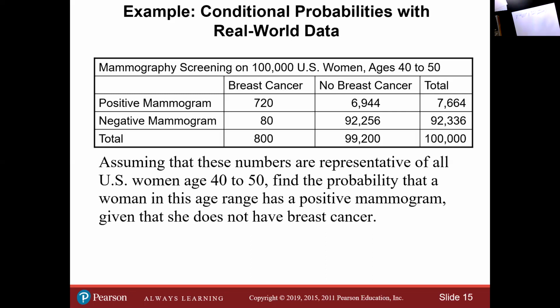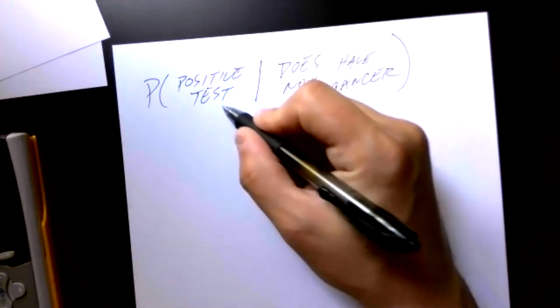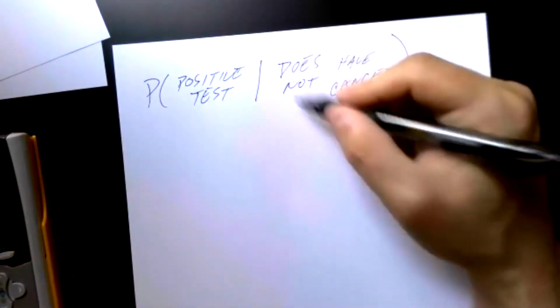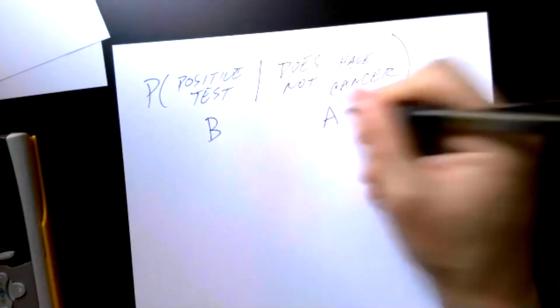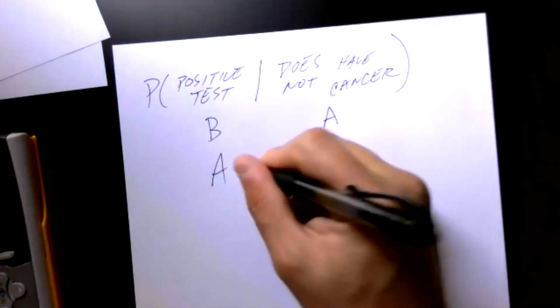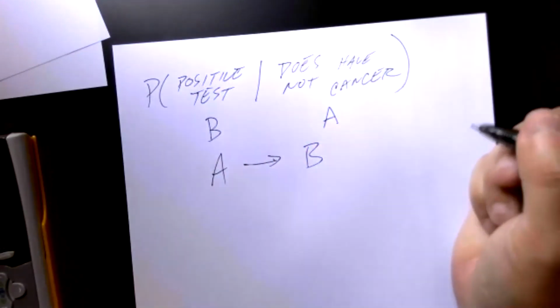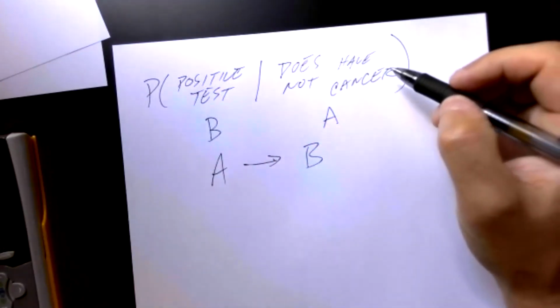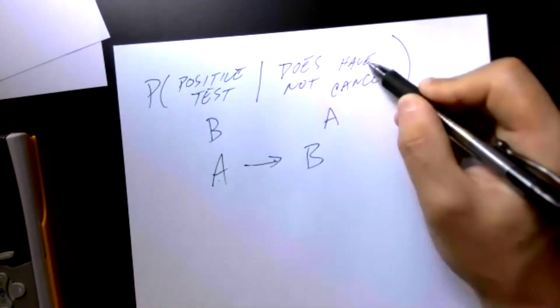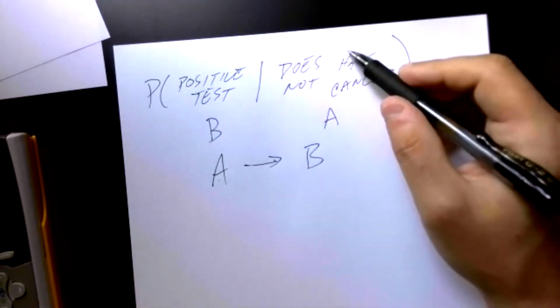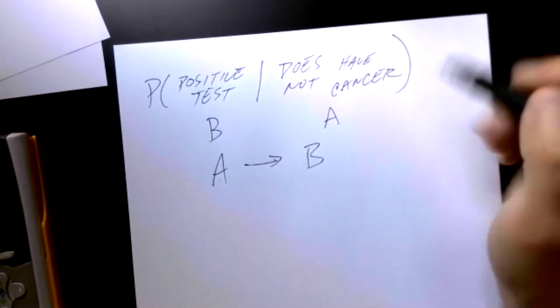All right. We want to know the probability of a positive test given that the person does not have breast cancer. So this is the B, this is the A. Remember, it's A, then B. So what we're saying is, of the people that do not have cancer, how many people had a positive test?